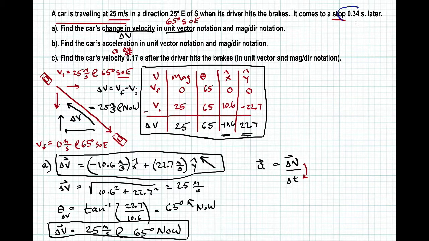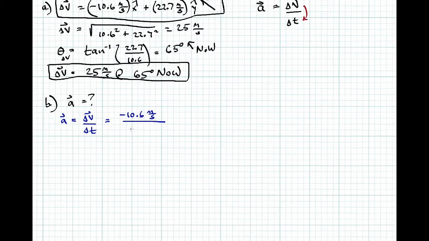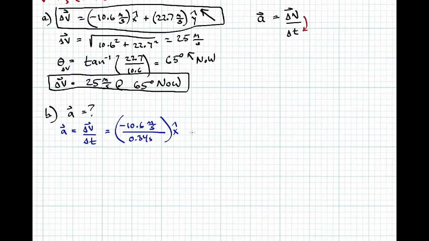Time is 0.34 seconds, right? Divided by 0.34 seconds x hat, plus, what's our y hat? That's 22.7 meters per second divided by 0.34 seconds y hat.